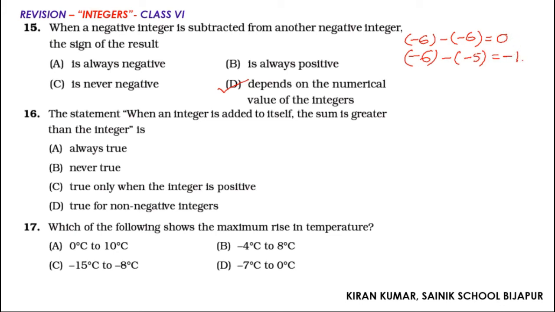So it all depends on which number we are taking. Here we are getting 0, sometimes -1, sometimes +1. So negative is possible, positive is possible, 0 is also possible. So it depends on the numerical value of the integers.